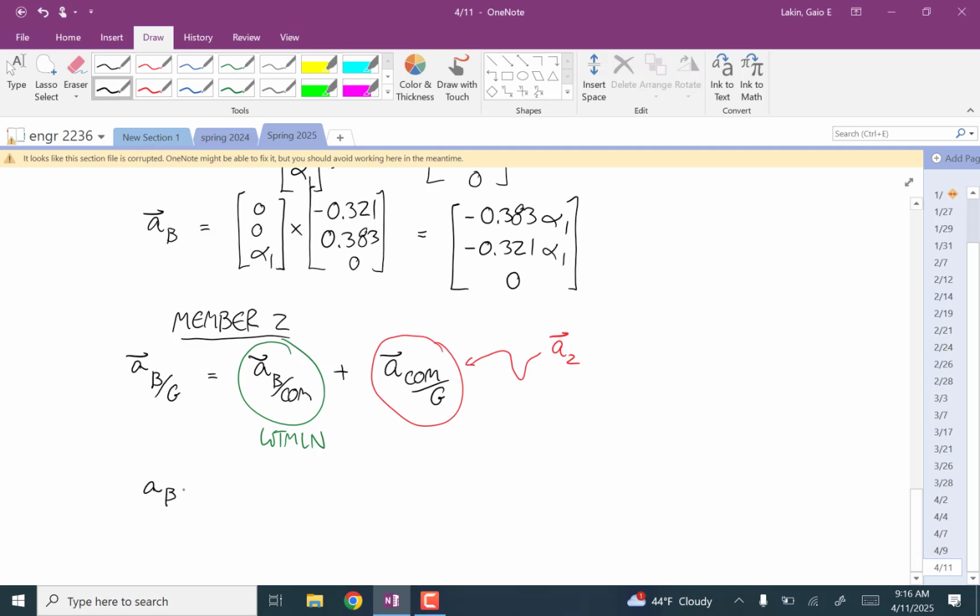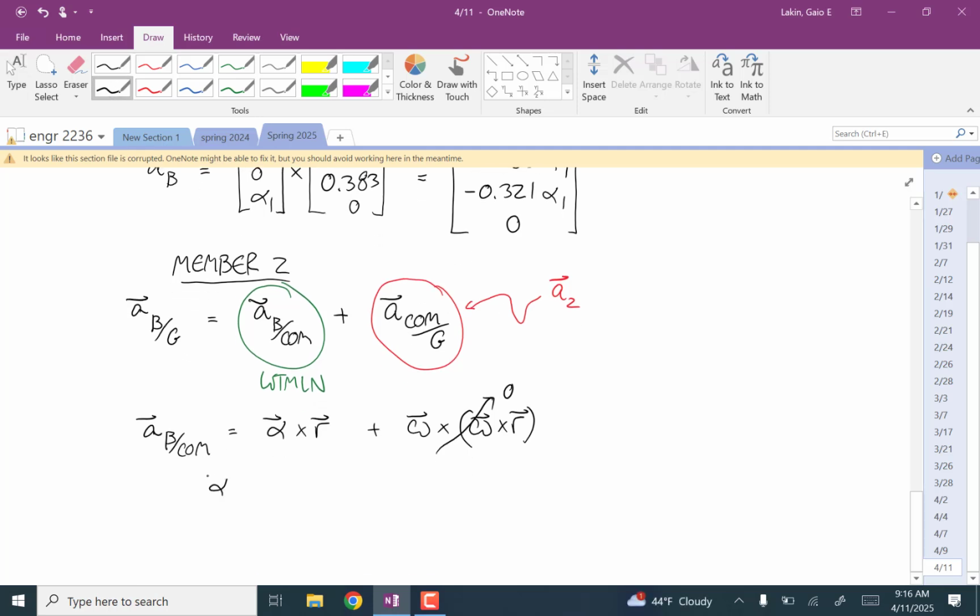So the acceleration of B relative to the center of mass is alpha cross R plus omega cross quantity omega cross R. And this goes away because the omegas are 0. Alpha is 0, 0, alpha 2. R is the vector from the center of mass of 2 to B. So that is negative 0.25, 0, 0.